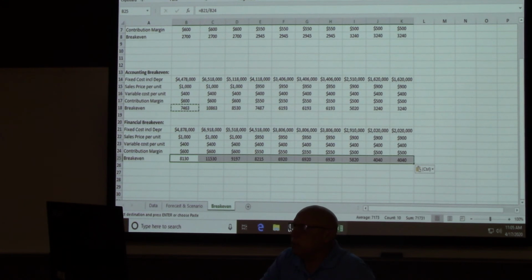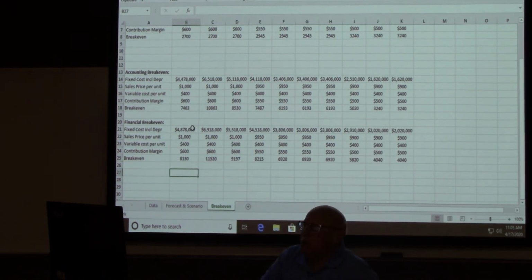Boom, boom, boom, boom, boom, and there you go. So, including the depreciation and the interest expense, that is the definition of financial break-even.